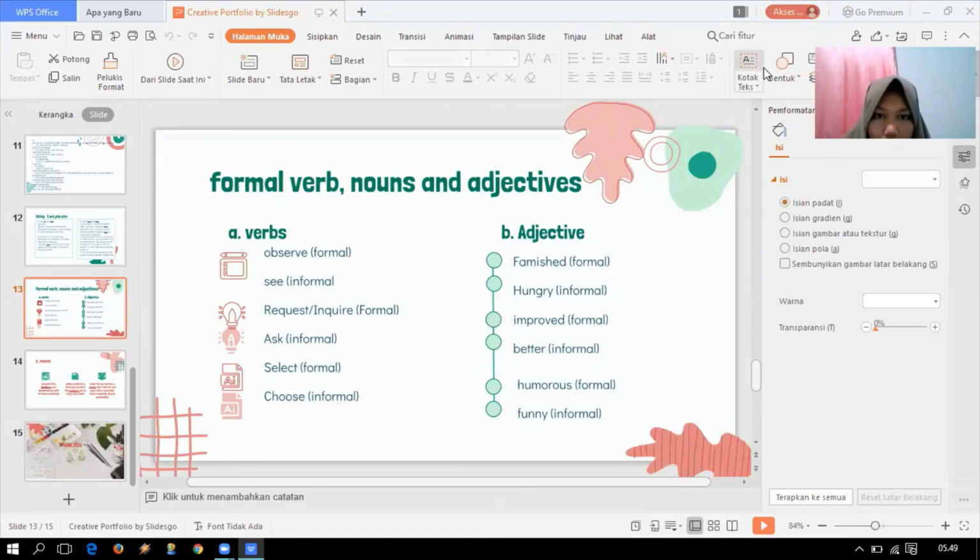The second is adjectives. For example, famous is formal, while hungry is informal. Next, improved is formal, while better is informal, and then humorous is formal, while funny is informal. For example, the sole reason for delaying the launch of the new domestic heating system appears to have been a desire to avoid the summer period when few people are concerned with cold weather problems.